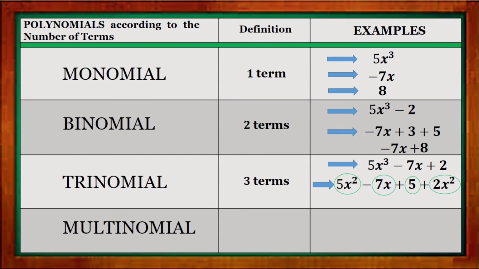But, kung titingnan ulit natin, meron ulit tayong similar terms. And those are our quadratic terms, which are 5x squared and 2x squared. So, similar terms sila because magkapareha sila ng literal coefficient, which is x squared.